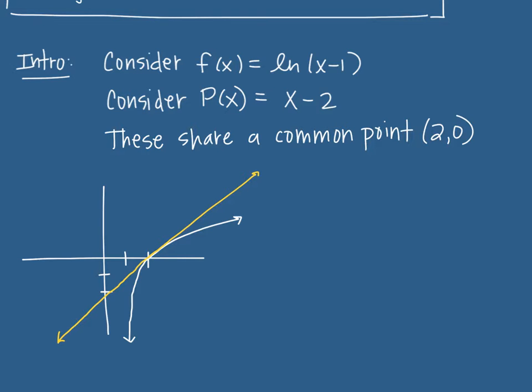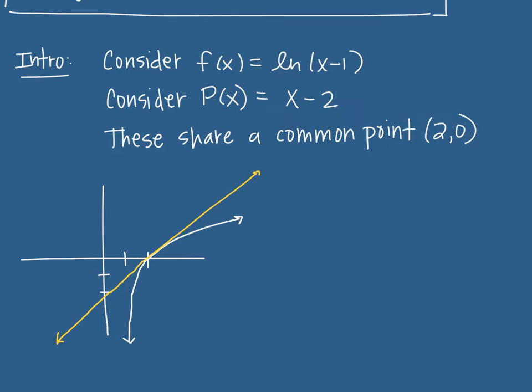At their point of tangency, I'm going to zoom way in, on your paper, these two things match up really nicely. Maybe from like here to about right there. Then they start to separate a little bit.